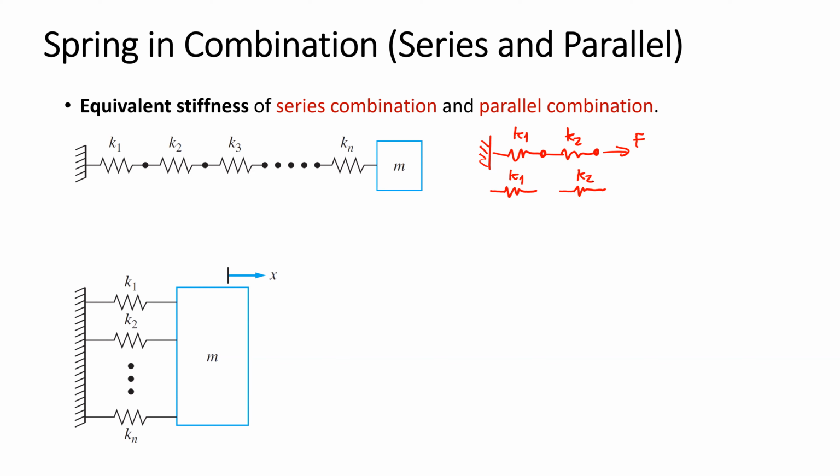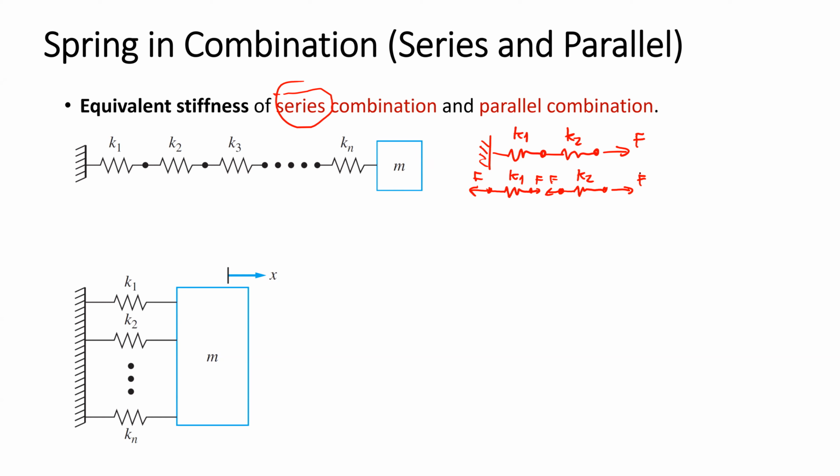And the second spring have force F to the right hand side, and when it's in equilibrium, it should have F on the opposite direction. For K1, also gonna have the force with the same magnitude on the opposite direction.